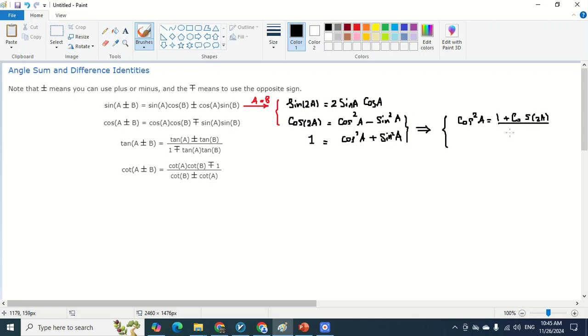Also you can find the sine square of A by subtracting these two relations, which is 1 minus cosine of 2A, over 2. These two relations are important in calculation of integrals of sine square and cosine square, since on the left side of this expression we have the exponent 2, and on the right side this exponent is removed. So in the calculation of integrals of cosine square and sine square, we need these two relations.